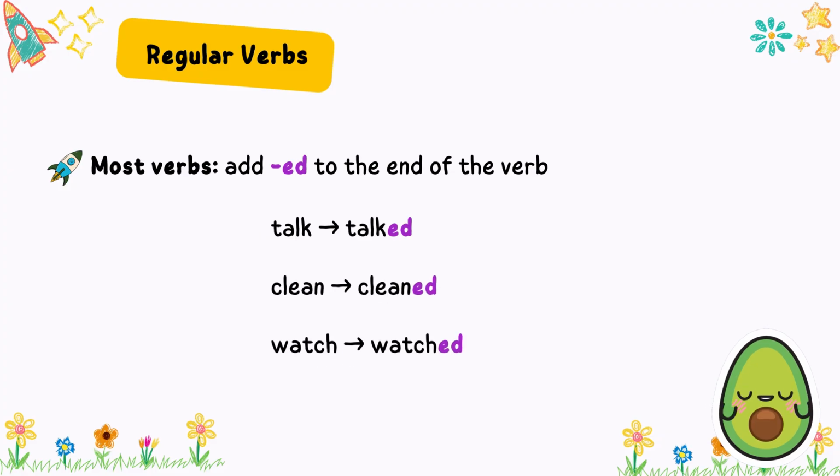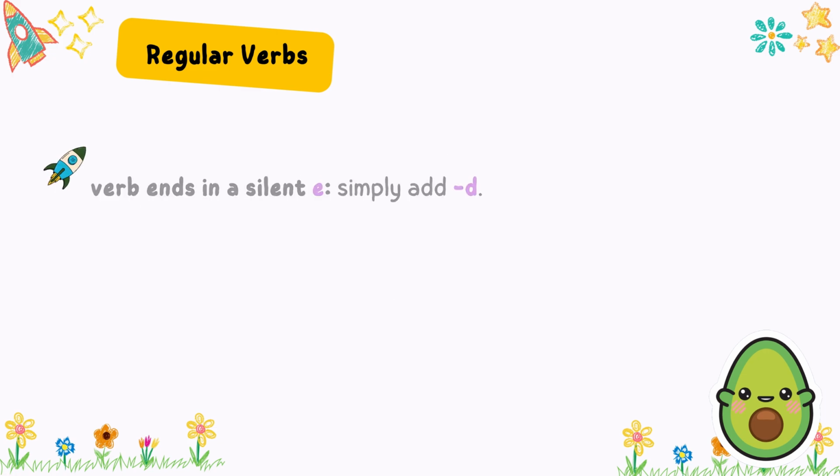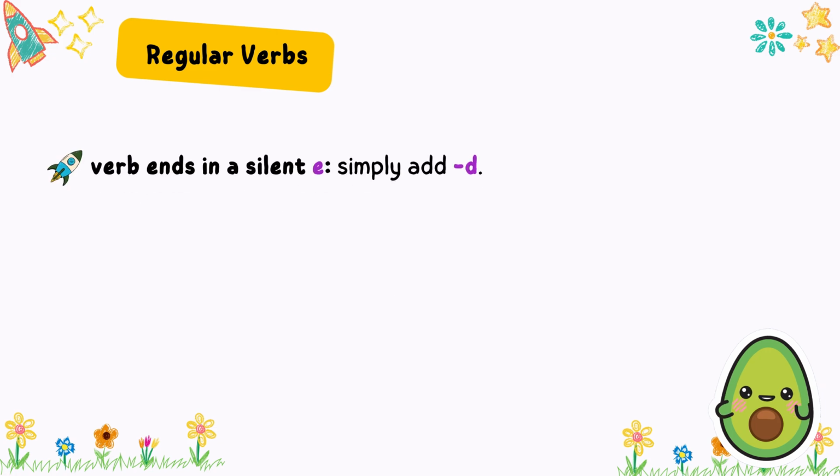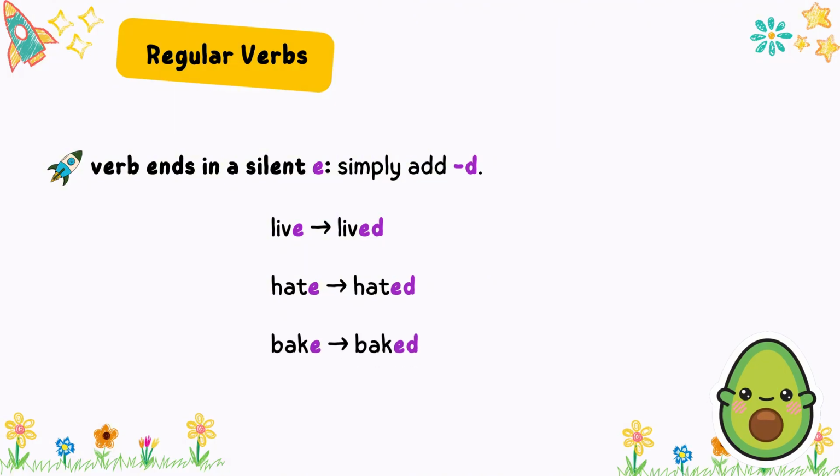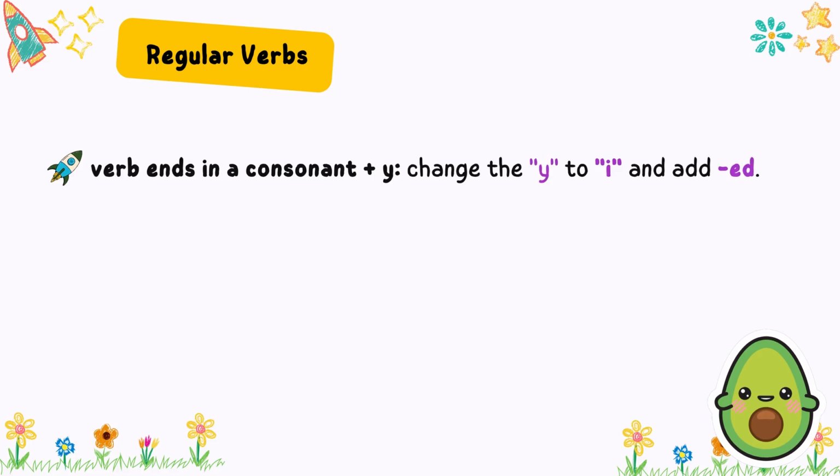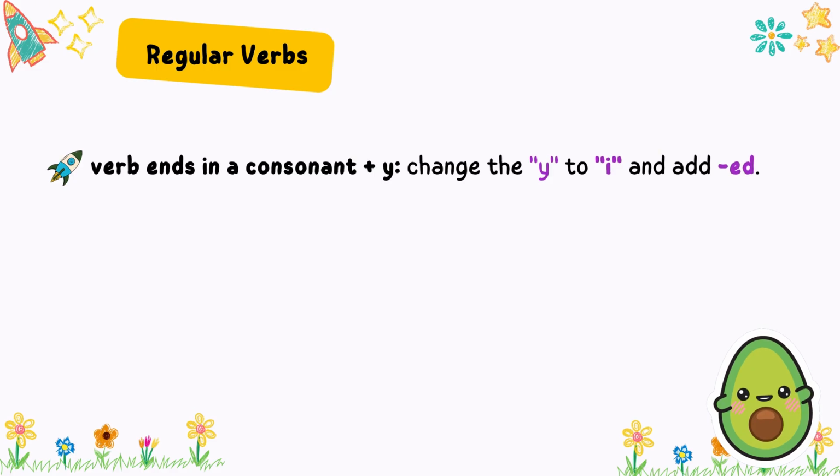Watch becomes watched. If the verb ends in a silent e, simply add d. Live becomes lived. Hate becomes hated. Bake becomes baked. If the verb ends in a consonant plus y, change the y to i and add ed.